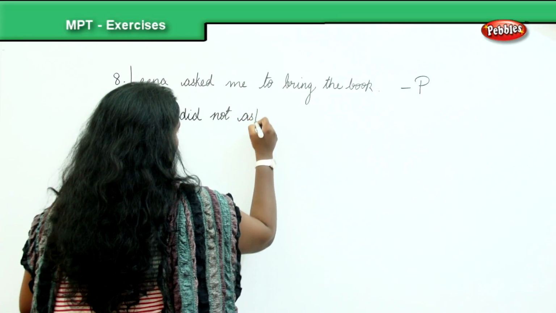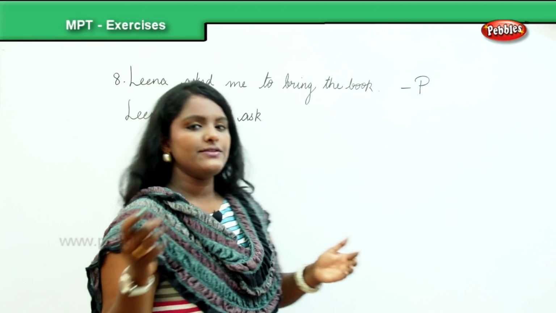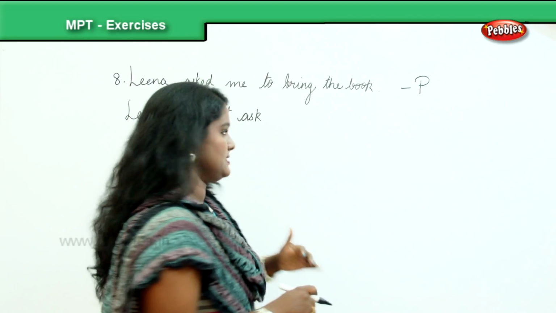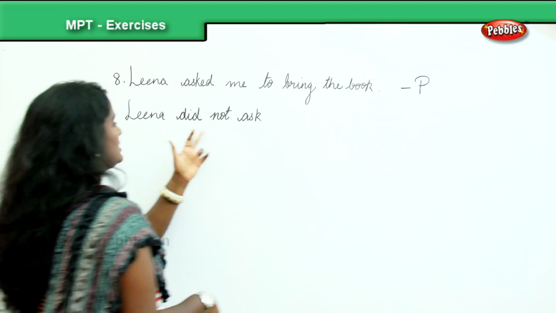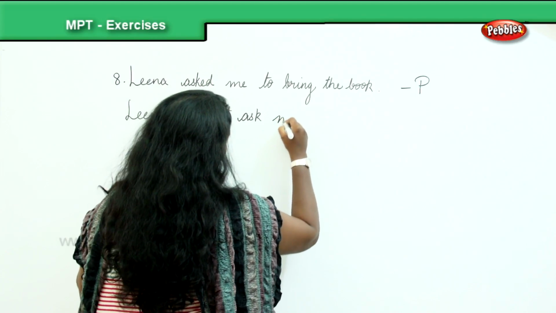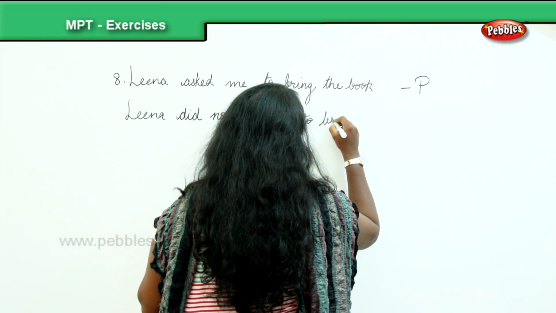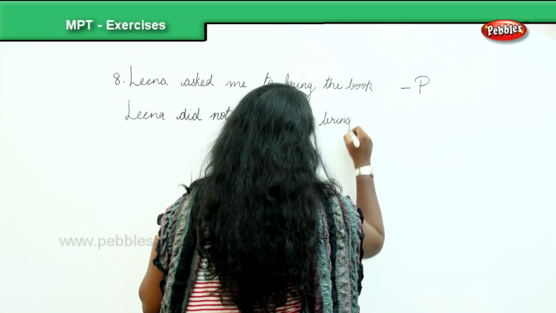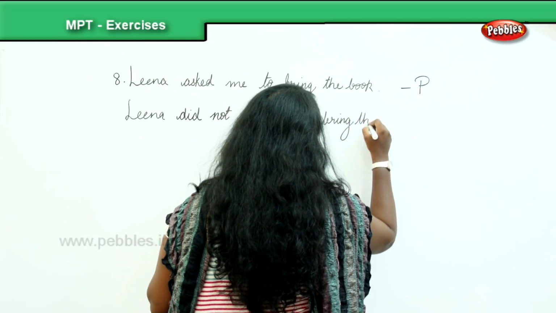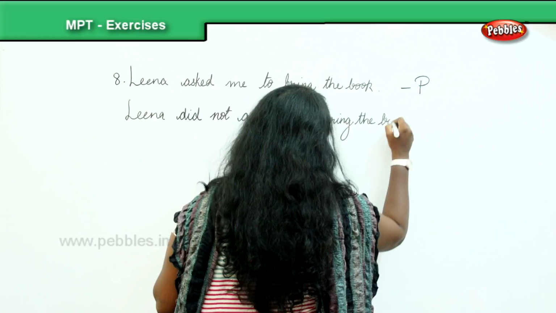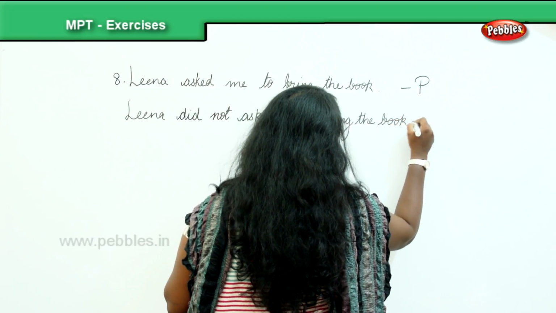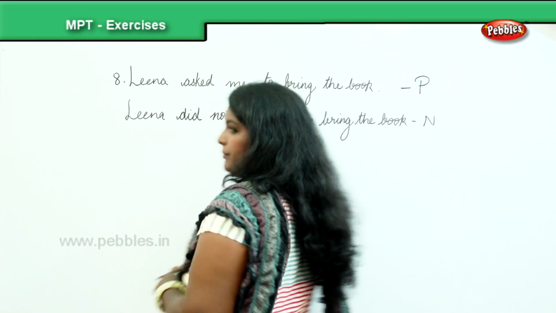I should write ask, I do not write the ed form of the verb for a negative sentence. Lena did not ask me to bring the book. So that is the negative form.